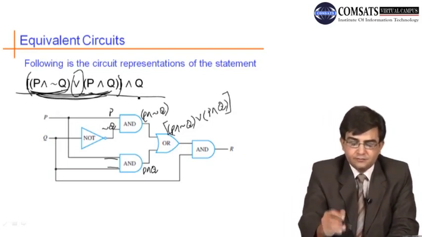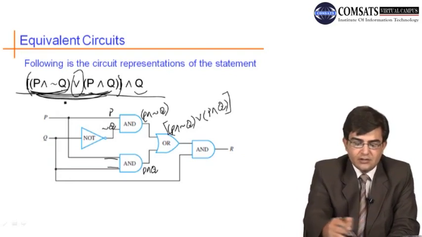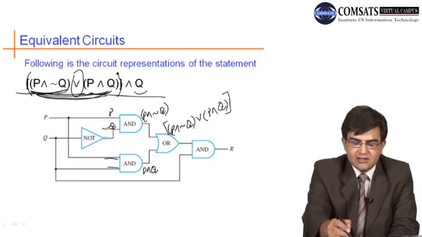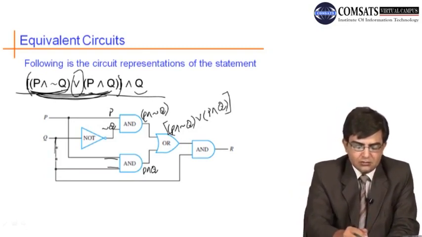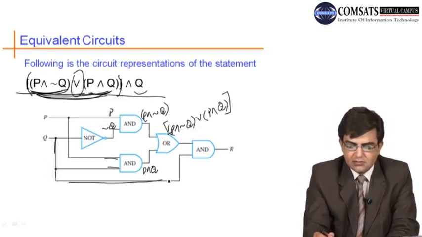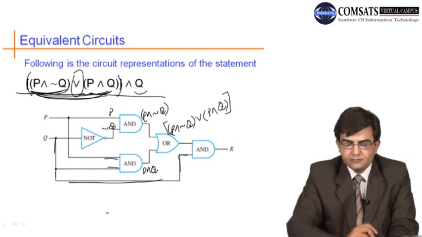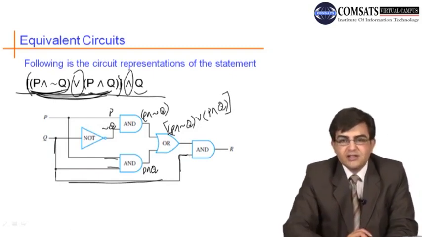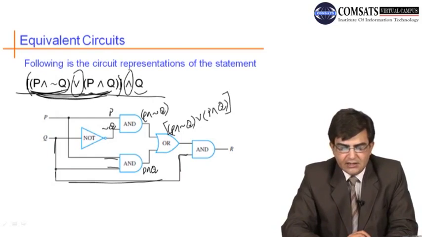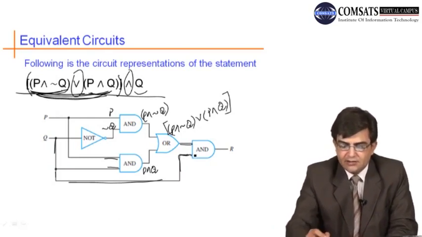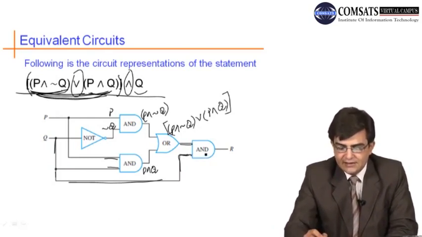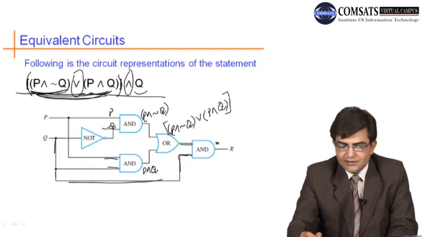Now we have another input here and we have the conjunction of this whole bracket with Q, so we need another Q. We draw another line here, and we have an AND operator between this whole bracket and Q, so we give input here and we construct an AND gate, which represents this here.